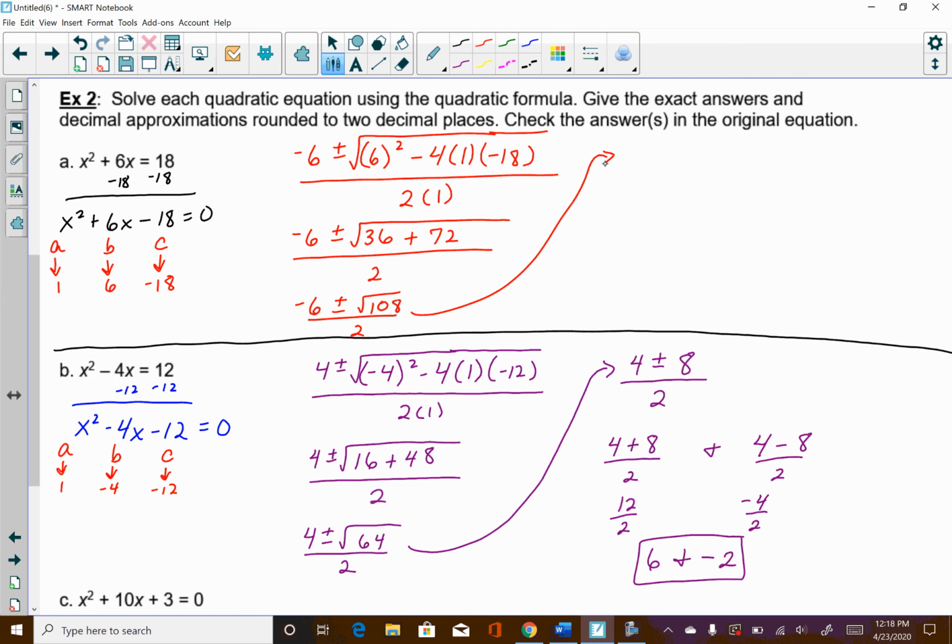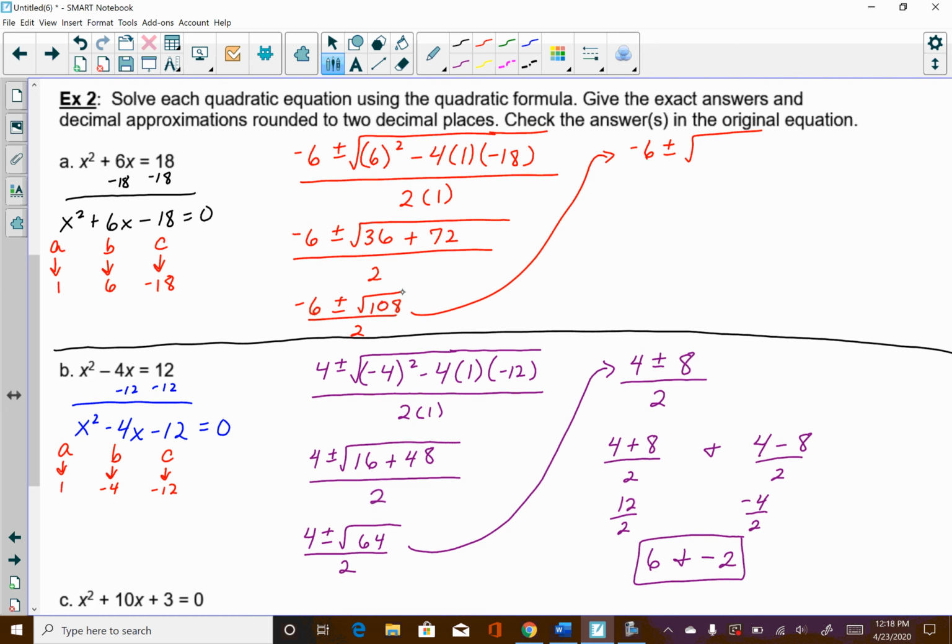So now 108 can be reduced a little bit further. So negative 6 plus or minus, remember when you're thinking about reducing your square roots like we've done previously in this chapter, you think about perfect squares that will divide evenly into 108. Remember your perfect square list: 4, 9, 16, 25, 36, 7 squared is 49, and you just keep going.